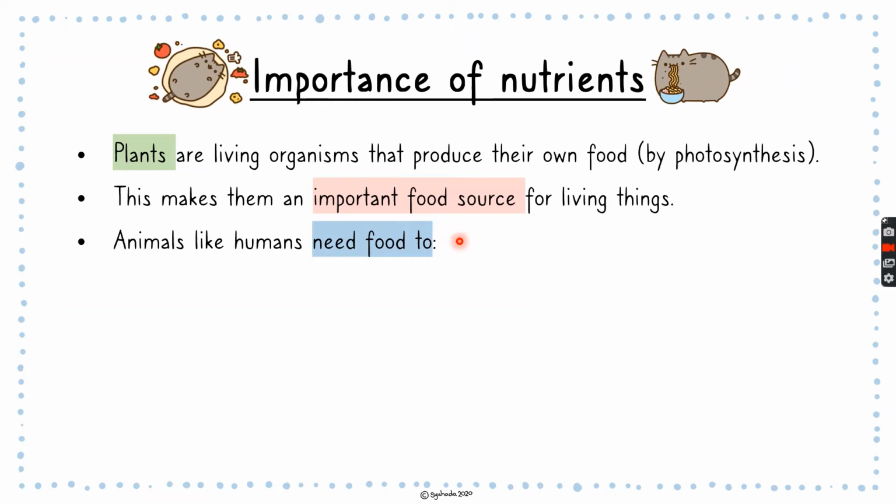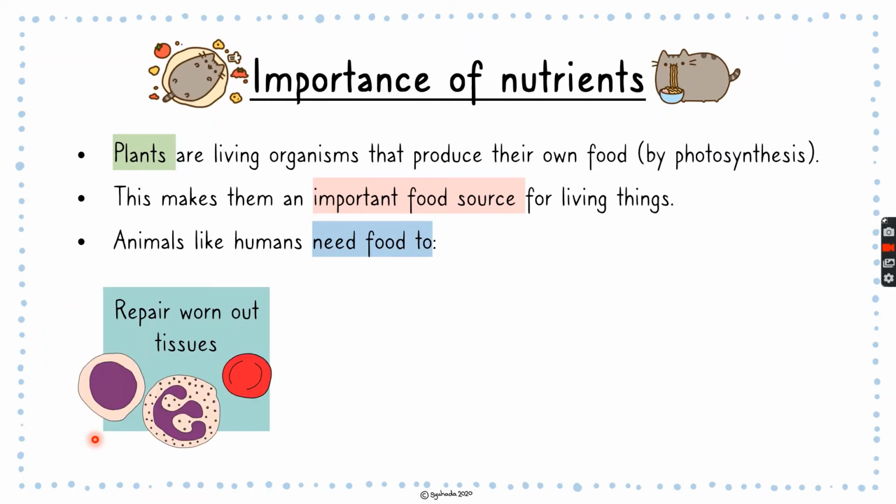So animals, like humans, we need food to, number one, repair worn out tissues. So tissues like the white blood cells and cells like the red blood cells, they actually wear out, and within a few months you're going to get new red blood cells because you use them quite a lot and they get pretty worn out.